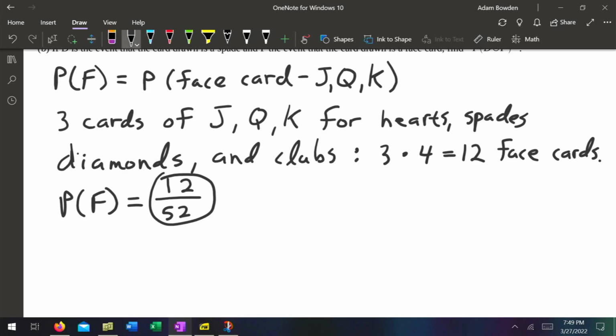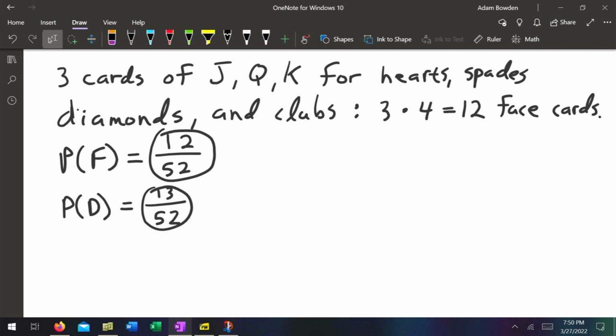We already did the probability of a spade a second ago. There are 13 of those. So the probability of D is 13 divided by 52. Now the question is, there are 3 spades that are face cards.